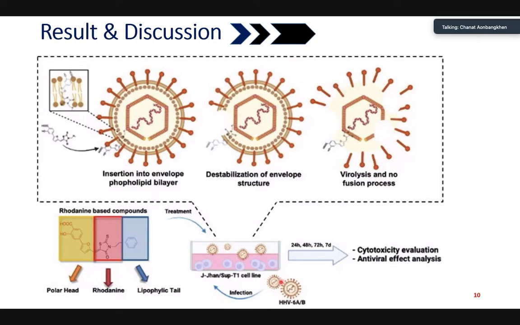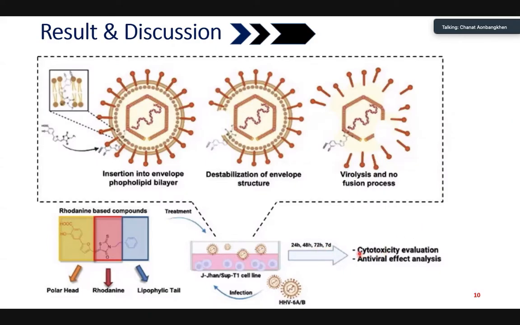Basically, HHV6A and 6B are being used to infect cells, and the treatment is through rhodamine-based compounds. The infection was done at different periods, like 24 hours, 2 days, 3 days, and 7 days after infection.